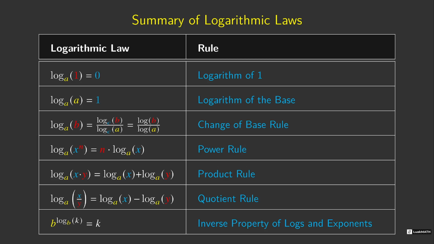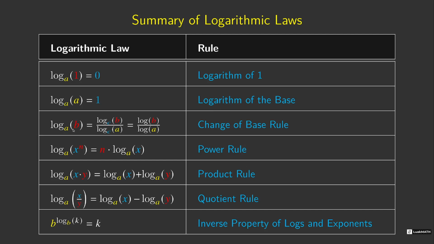This is the summary of all the rules we've seen so far. We've seen that the log of 1 to base a equals 0, because we're asking what exponent of a produces 1, and that's 0. When the log and the base match, you get 1, so that's the logarithm of the base.